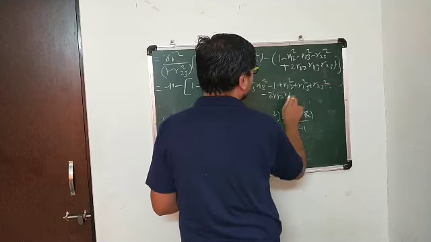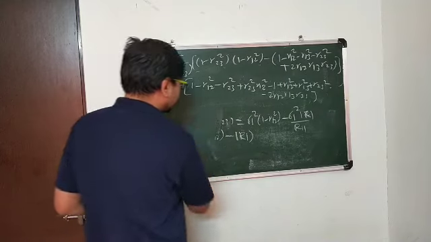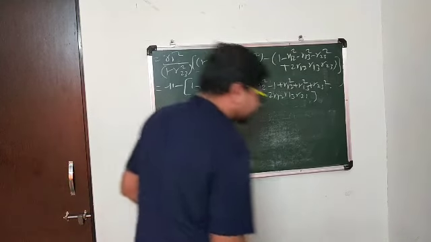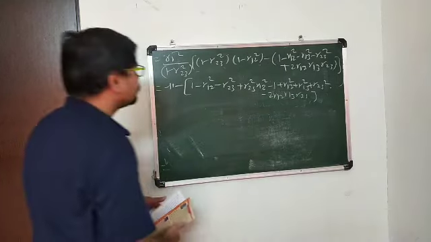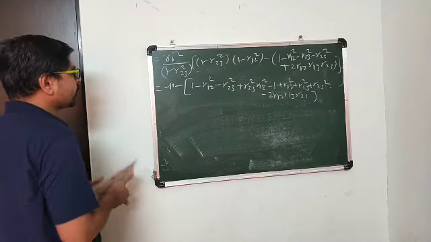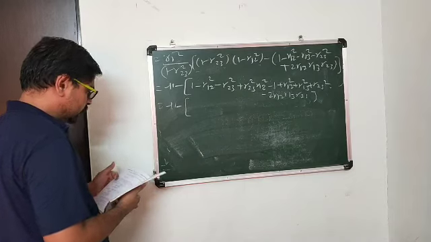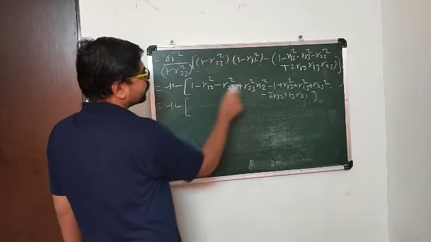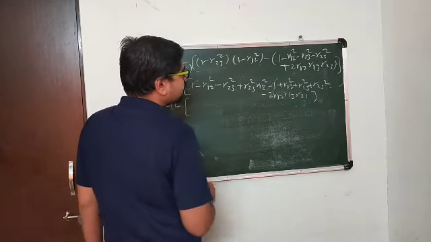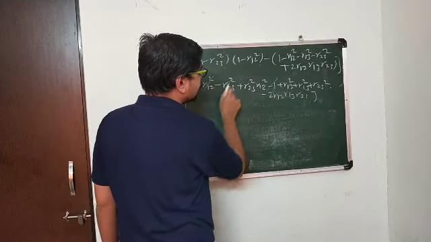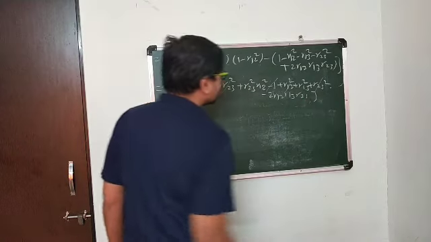So what we have? This term is as it is in a bracket. This 1 gets cancelled. r12 square and r23 square cancel out.